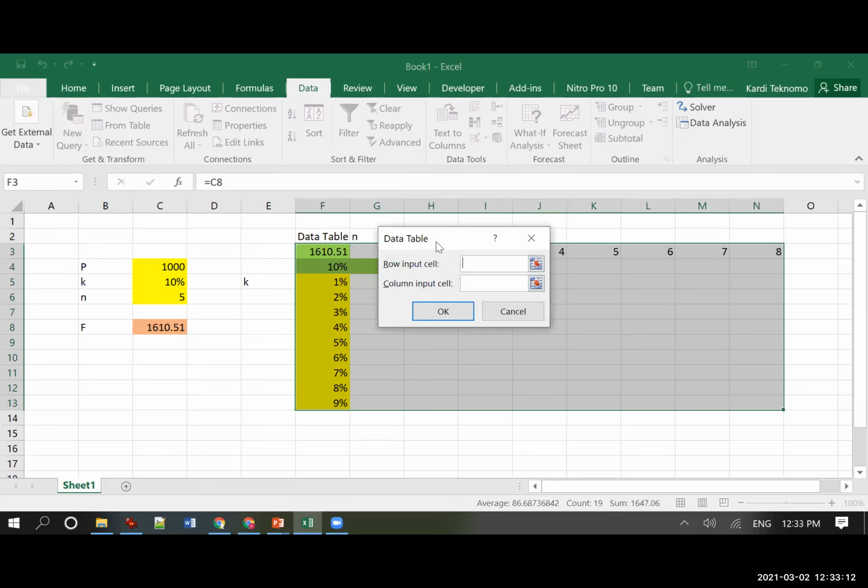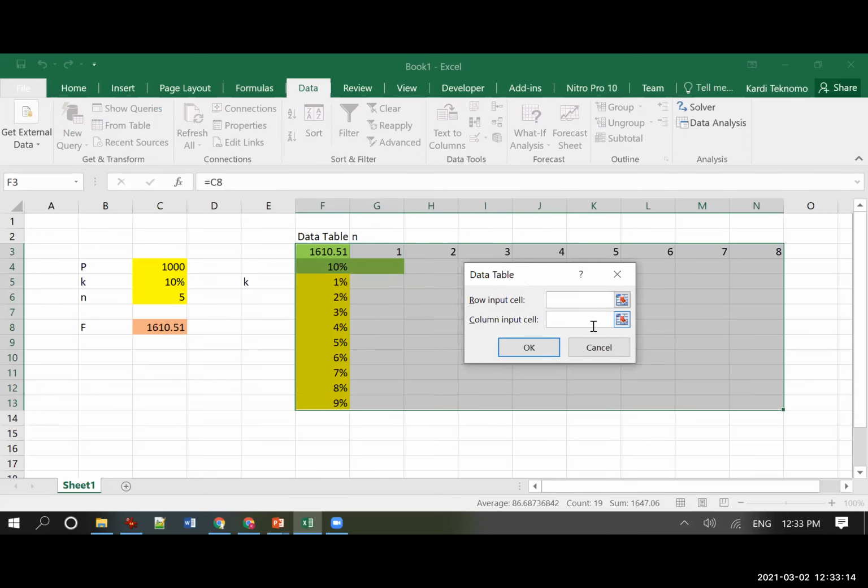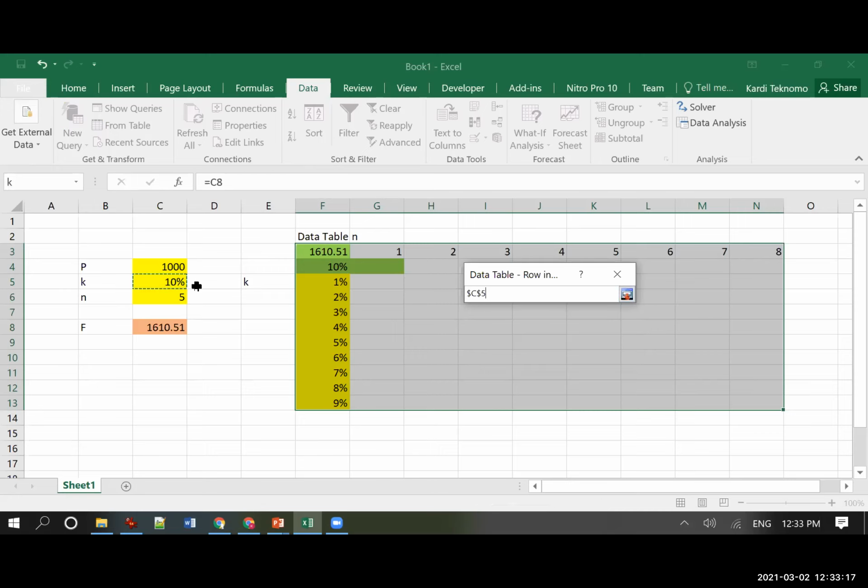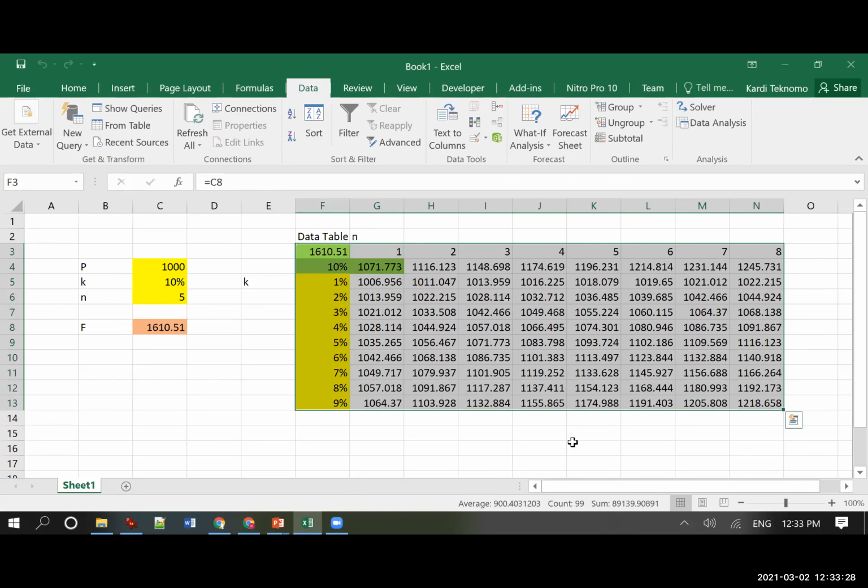What is your input? Your input now is K, so you go to K. And your column is actually M, correct? Then you click OK. There, you get the F for the whole N and K.